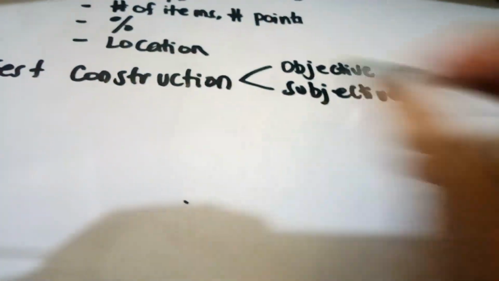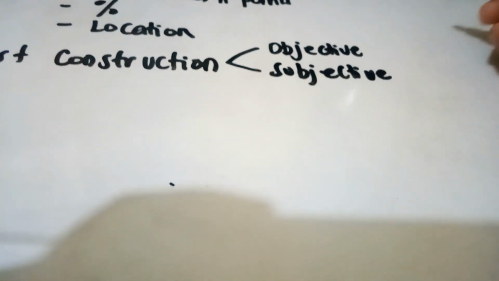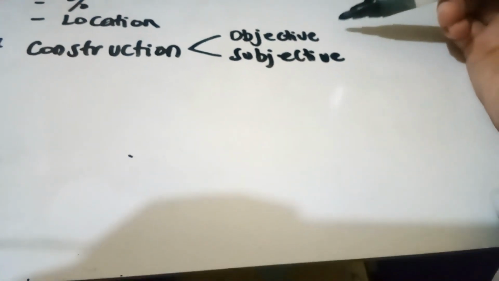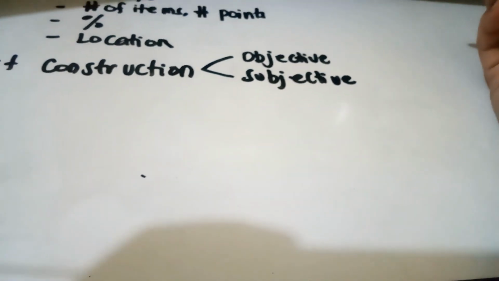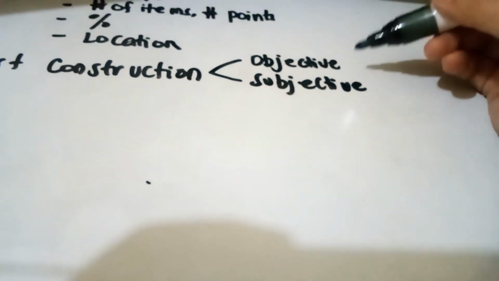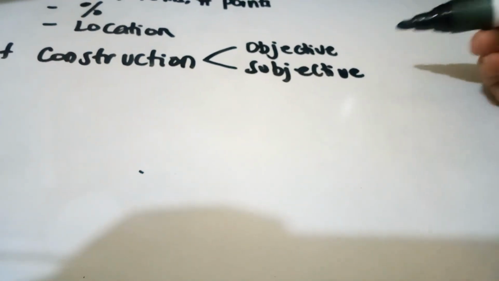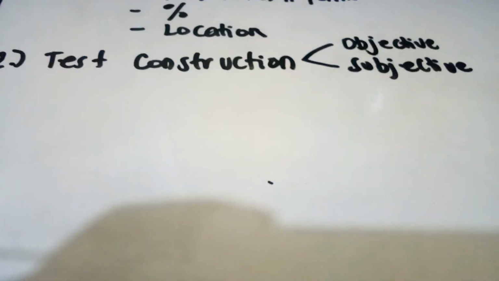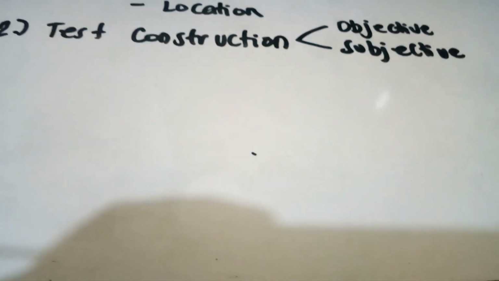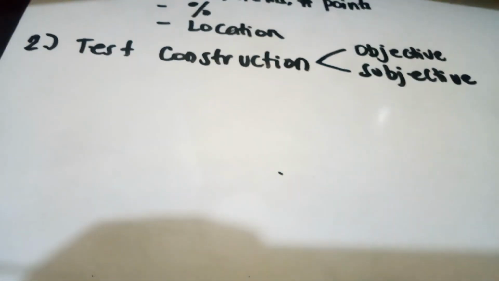Alam ko fresh pa sa inyo ang test construction kasi you're just done submitting this one under your objective. We have multiple choice, labeling, and so on. Under your subjective, we have essay, restricted and extended essay.